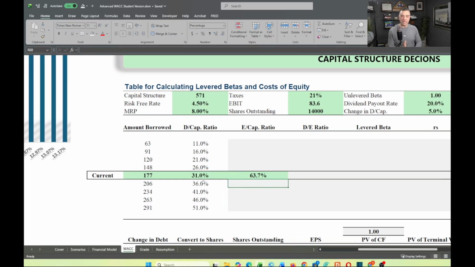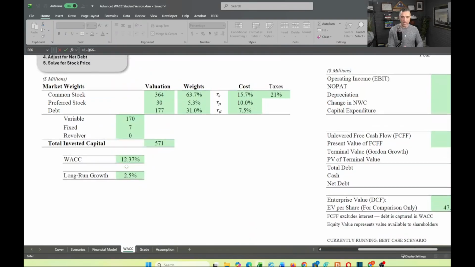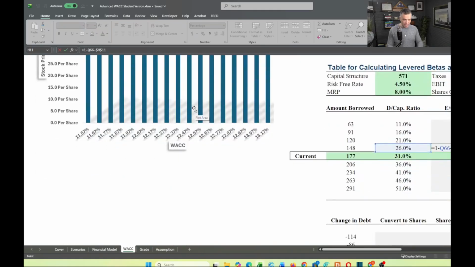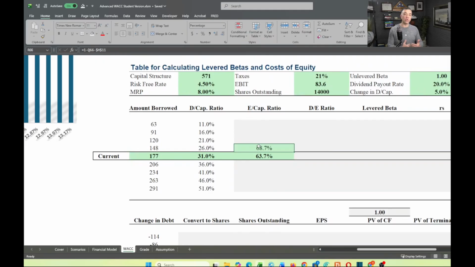So if we decrease our debt to capital ratio or increase it, how do we find out what percentage of equity we have? What we're going to do is take 100% and subtract out the percentage of debt. And then I'm going to subtract out the percentage of preferred stock, and I'm going to hit function F4 to freeze the preferred stock. So if I hit 1 minus that, the remainder must be equity. As we decline the debt, we increase the equity.